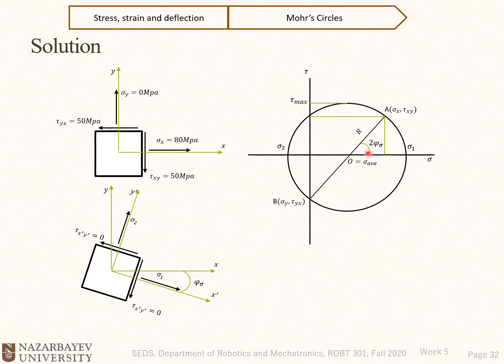Once we calculate that phi sigma, we need to rotate our stress element by the value of phi sigma. You see that we rotated it clockwise. Why clockwise? Because line A should sit on sigma 1 and B should sit on sigma 2.